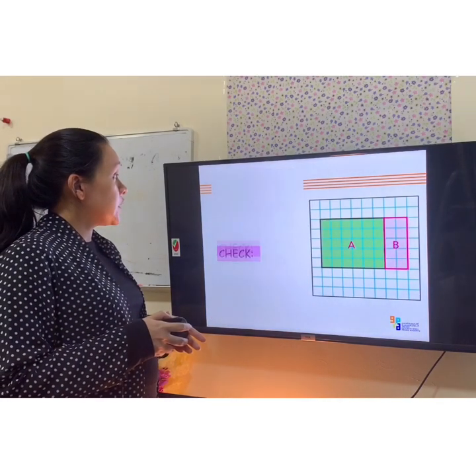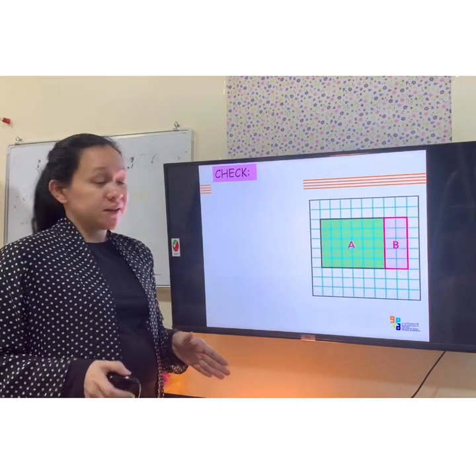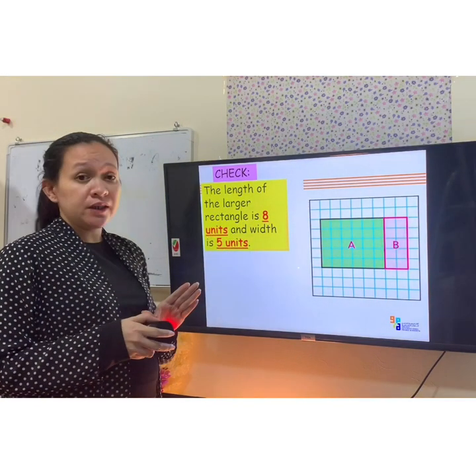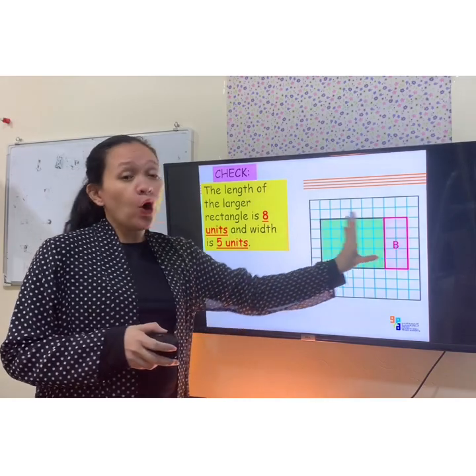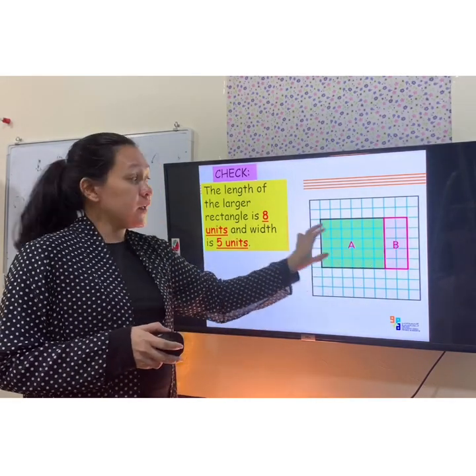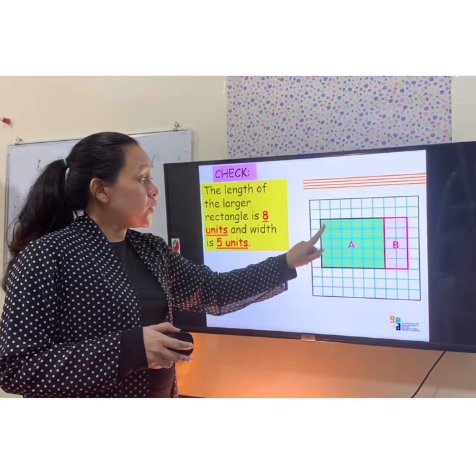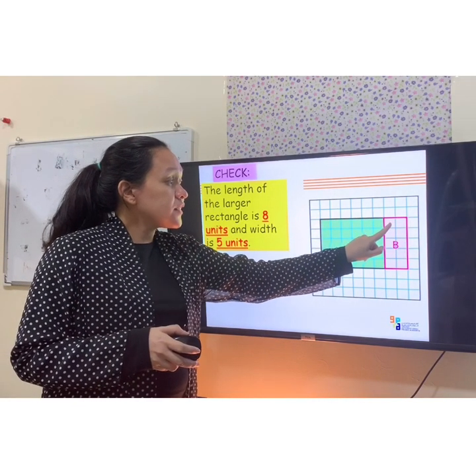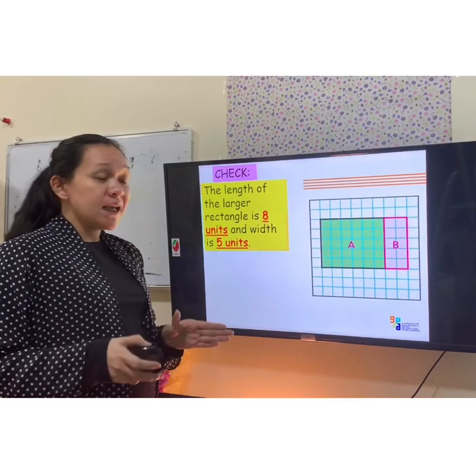Now, let's check if our answer is correct. The length of the larger rectangle is 8 units. If we count all of the square units in our length, 1, 2, 3, 4, 5, 6, 7, 8, we have 8 units.